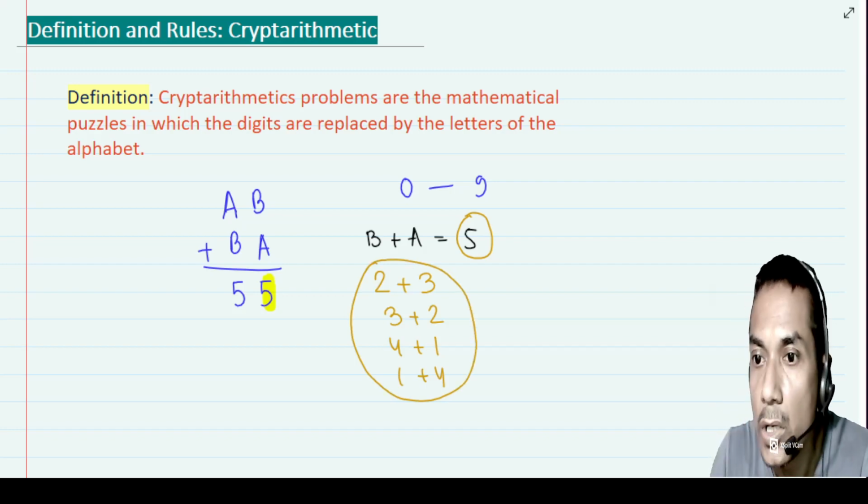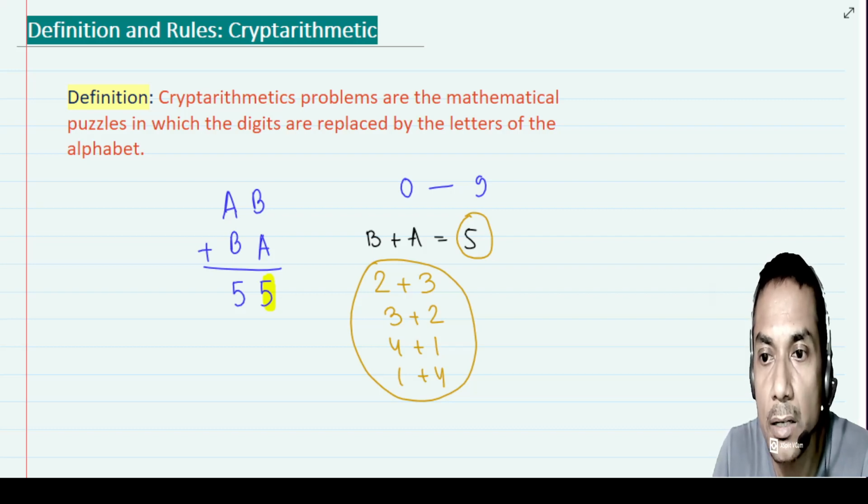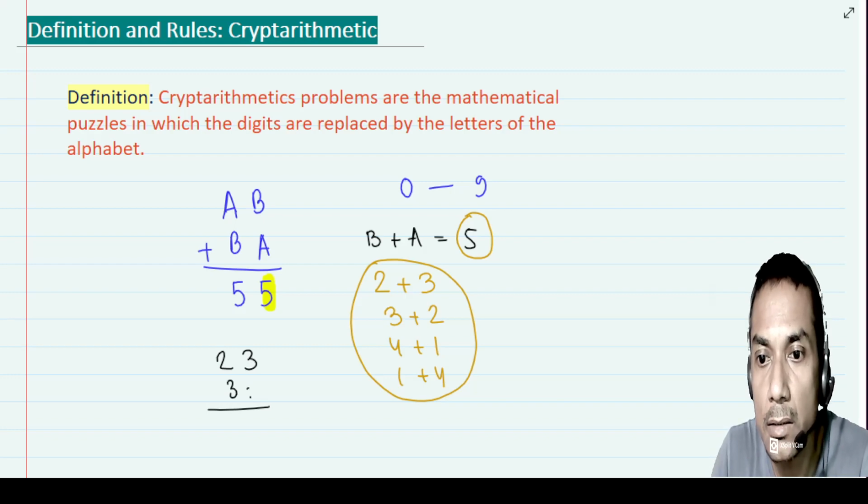Now if we consider the first one and put in the values, that is 2 and 3. So if A is 2 and B is 3, and in the reversed position B is 3 and A is 2, then if we add together, it is 55. So this is okay.